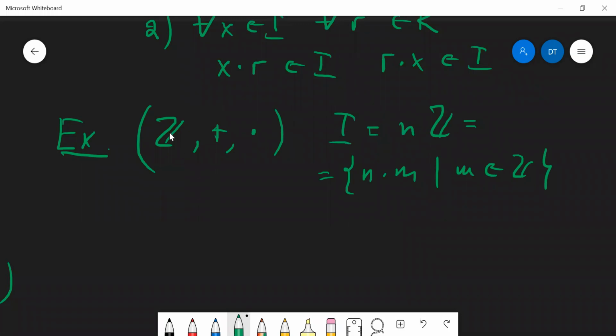We know it's a subgroup in Z with respect to addition. We already know that all possible subgroups with respect to addition are of this form. And now it's clear that this set is closed under multiplication by any integer. If we take an element x here, and we take an arbitrary y from Z, then x times y is inside n times Z. This is the property of being an ideal: we take an element from the ideal and any element from the ring, and the result is again inside the ideal.